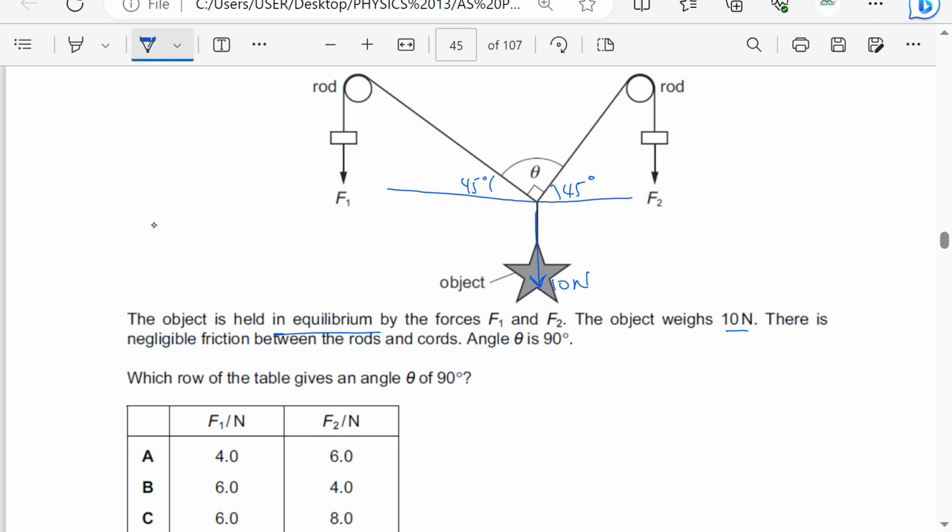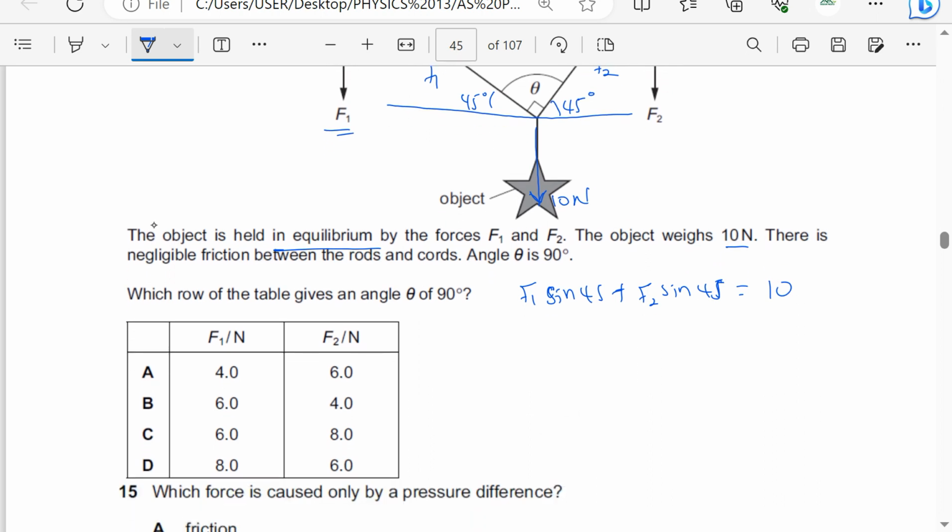This is going to be F1, and this tension is going to be F2. Resolving vertically upwards, I have F1 cos or sine, whatever, because cos of 45 is the same as sine of 45. So F1 sine of 45 plus F2 sine of 45 should be equal to 10.